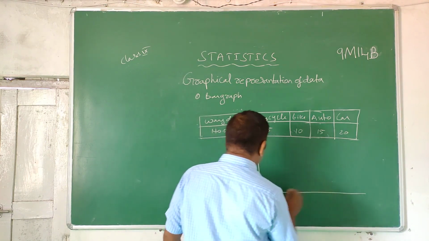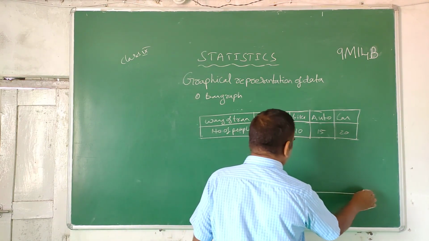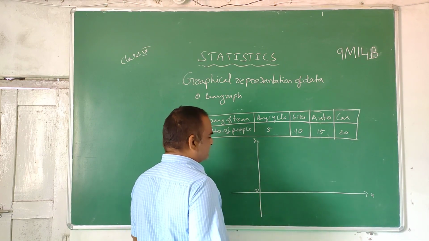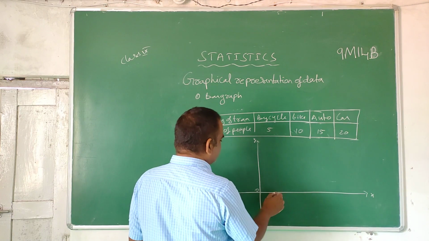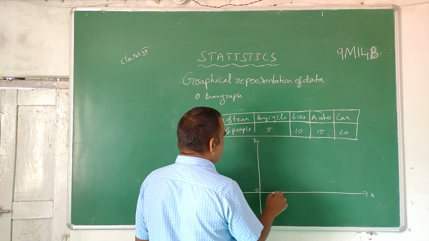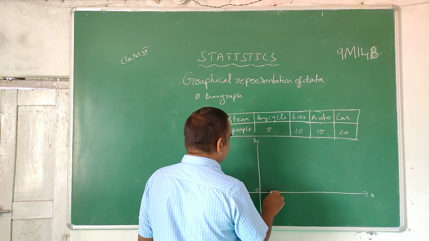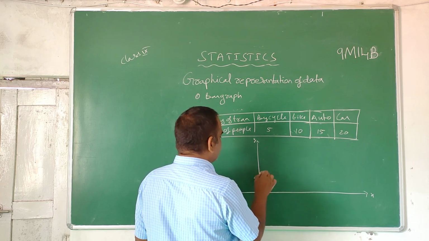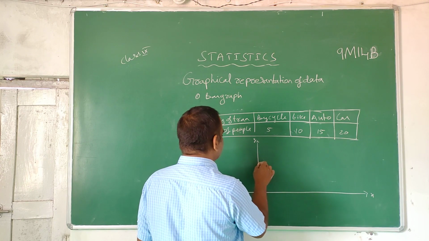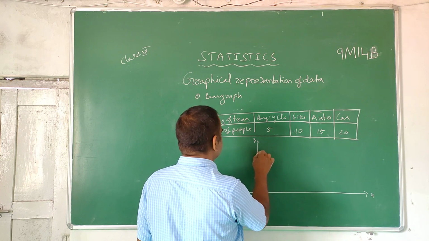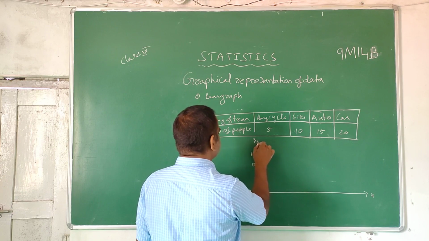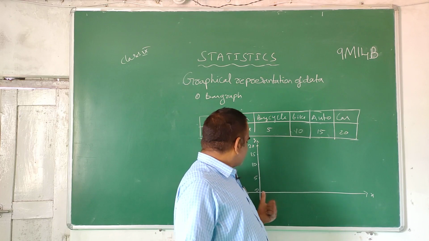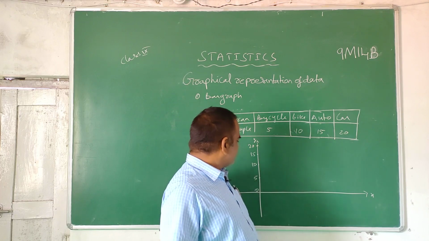Now on the x-axis you have to take variables, and on the y-axis you have to take numbers. This variable is a car. I am taking the scale on the y-axis as 1 centimeter is equal to 5 units.